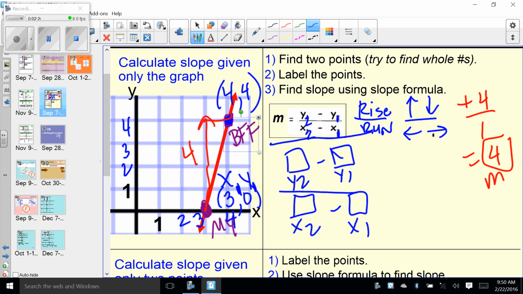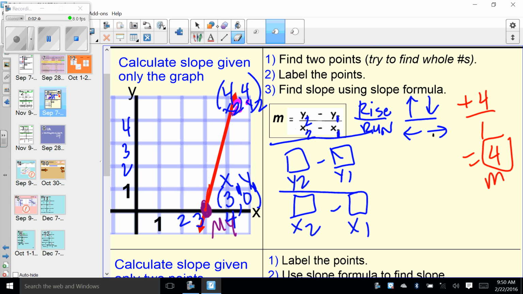Hotel number 1, x sub 1, y sub 1, sub meaning below. It's just a subscript there when that's not a power. And then my friend is x2, y2.